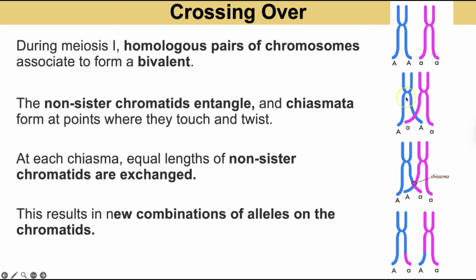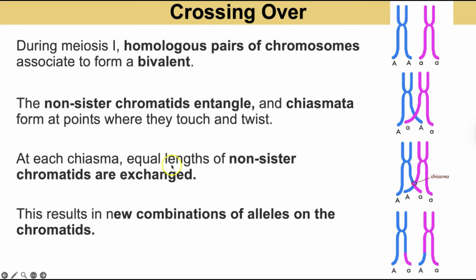The non-sister chromatids: one chromatid is one of these arms of a chromosome. Non-sister means it's the chromatids from different chromosomes. So the blue and the pink here are non-sister chromatids. They cross over and entangle, and the exact point where they cross is called a chiasma. Chiasma is the singular, chiasmata is the plural.